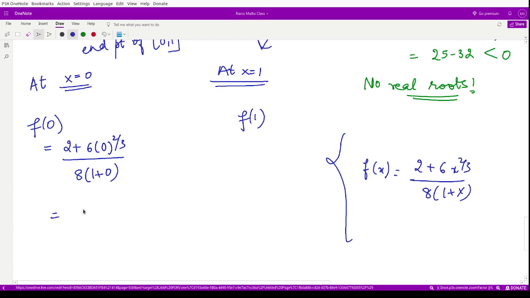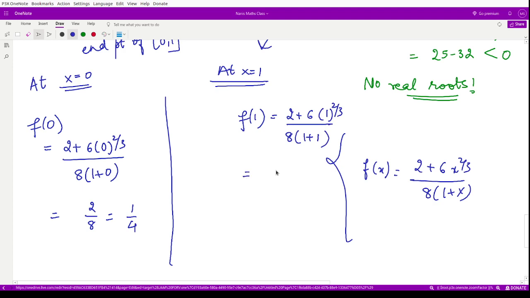So basically you have 2 divided by 8, that is 1 by 4. And the function's value calculated at the point 1 is 2 plus 6, 1 to the power 2 by 3 divided by 8, 1 plus 1. So it is 2 plus 6, that is 8 divided by 16, which is 1 by 2.